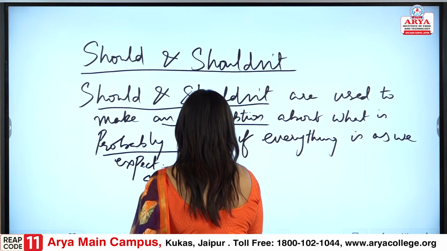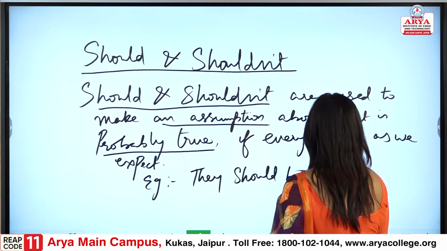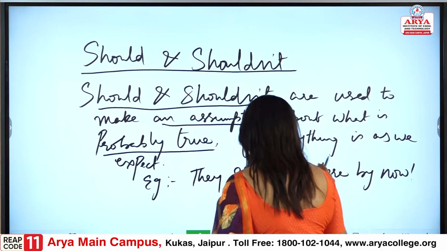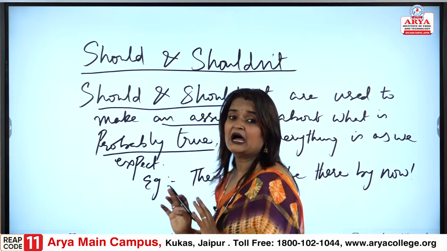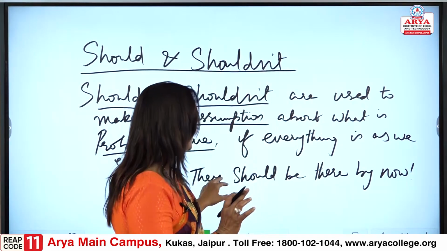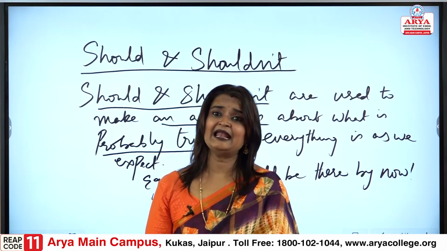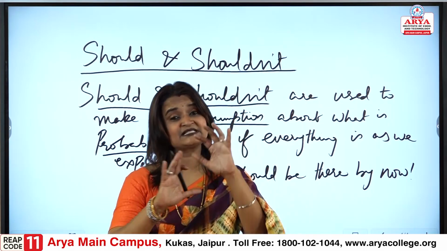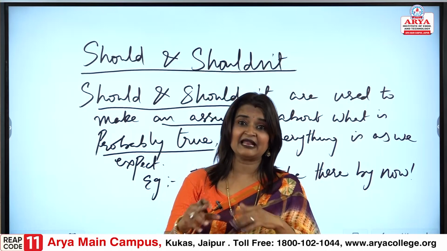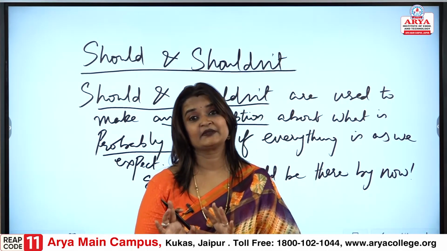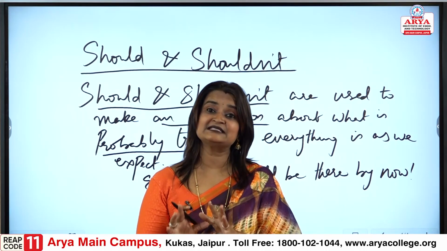Okay, they should be there by now. Fine. They should be there by now. Again, someone is supposed to come, and as per the planned timing, what is scheduled, everything is there, but I am not over there. So, it is like they should have come by now. So, what was the expected time and other things.